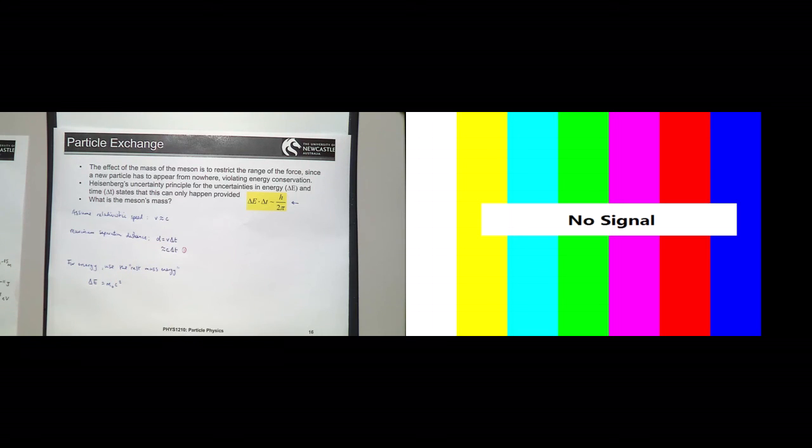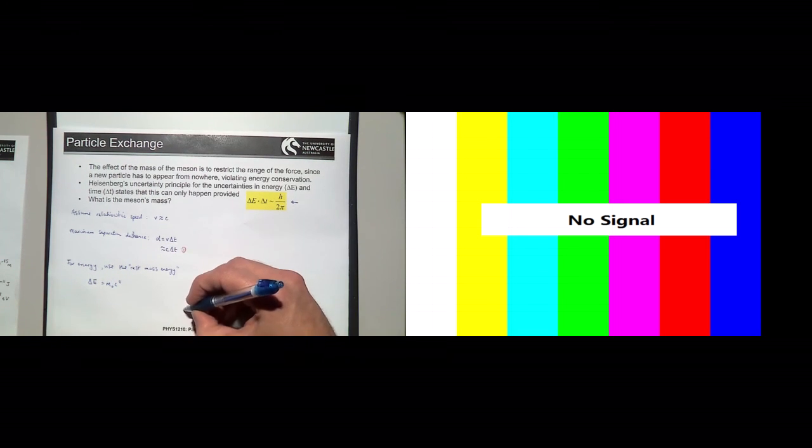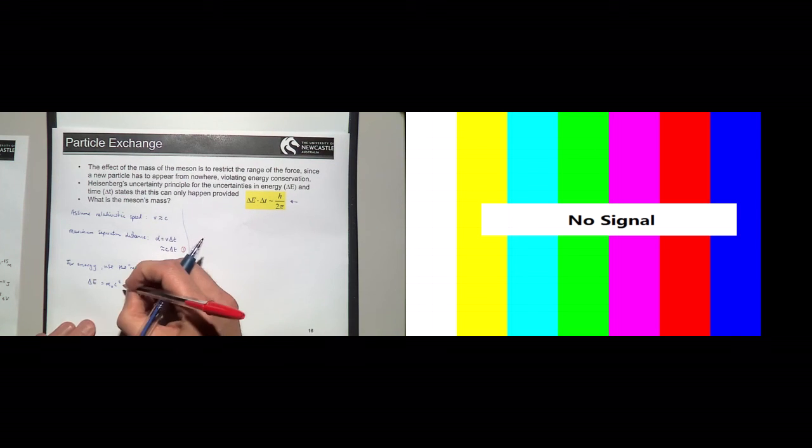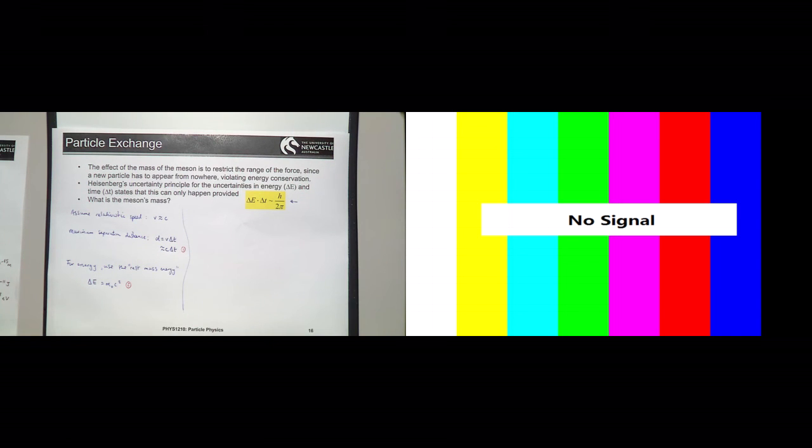Now, probably E equals mc squared is an equation that you've heard before. This is just the relation between the energy of a particle and its mass, so the rest mass energy.